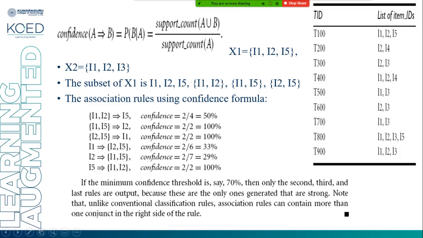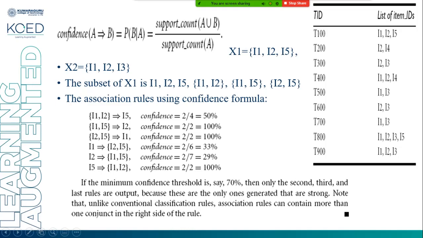So how to find the association? First we take a 2 item set and compare with the 1 item set. That means that when the set of items 1 comma 2 implies 5, those customers who are buying item 1 and item 2, for example coffee powder and milk, will they buy the sugar or not.